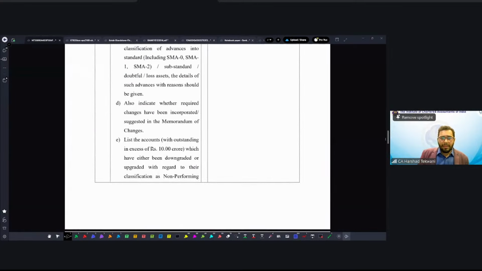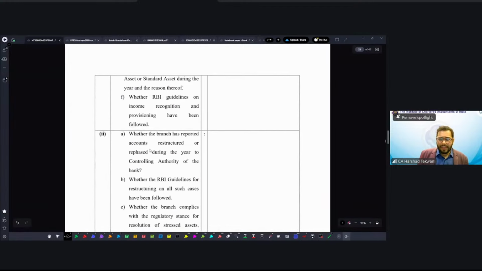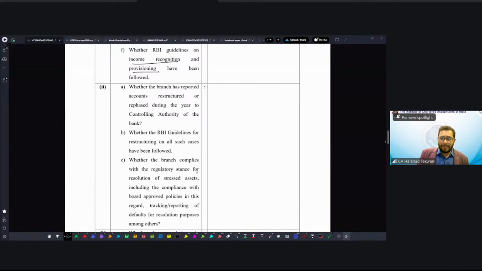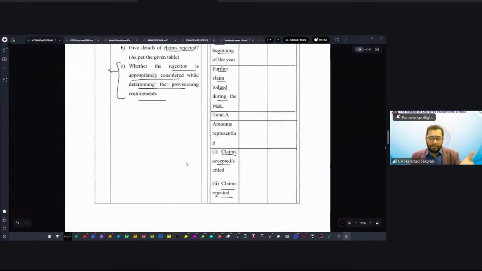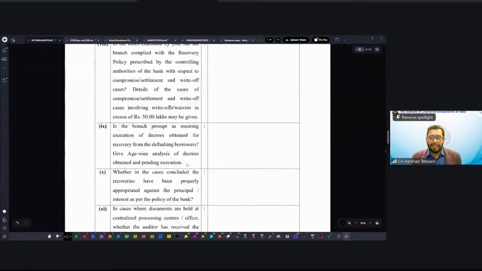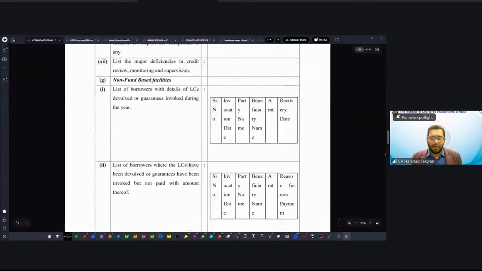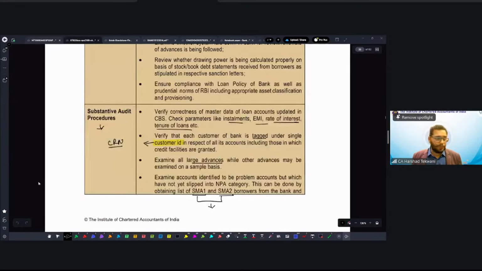There are multiple things in the case of asset classification, but we are just seeing a few of them, like for example, income recognition, provisioning. So whether these have been followed or not. We saw the credit guarantee part, whether it is there or not. So these are certain parts where the auditor is required to report and perform additional procedures.